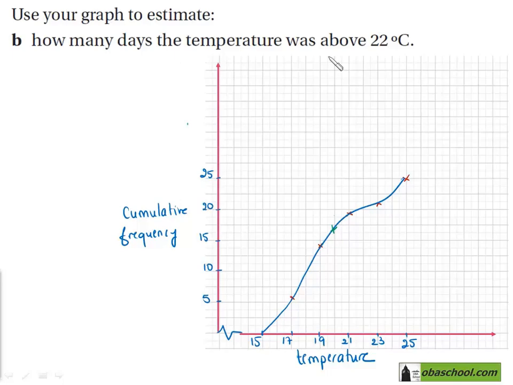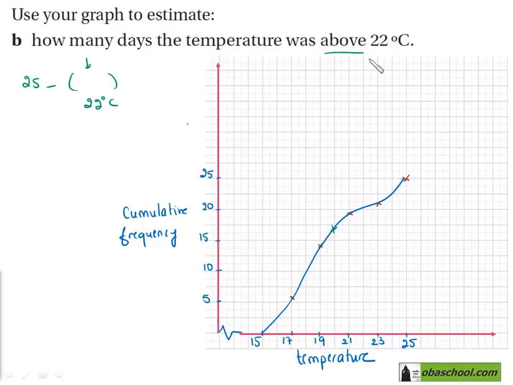Part B says how many days the temperature was above 22 degrees. So we're also looking for the number of days, but the days that the temperature was above 22. And so we know that the total days were 25. So we need to subtract the number of days that were below 22 degrees from 25.